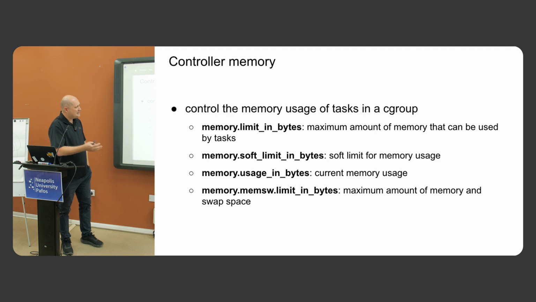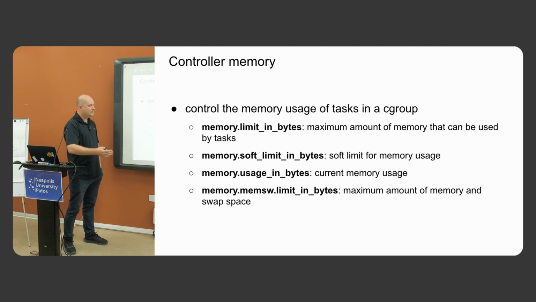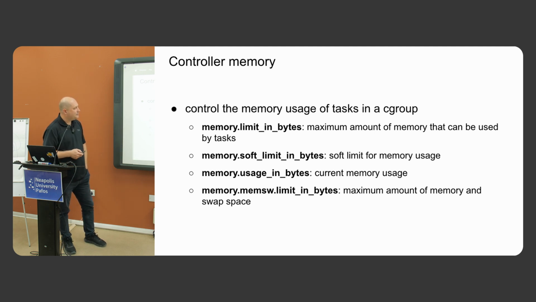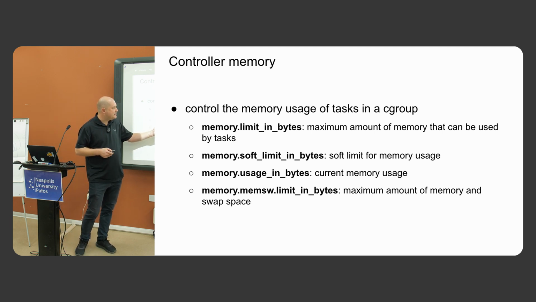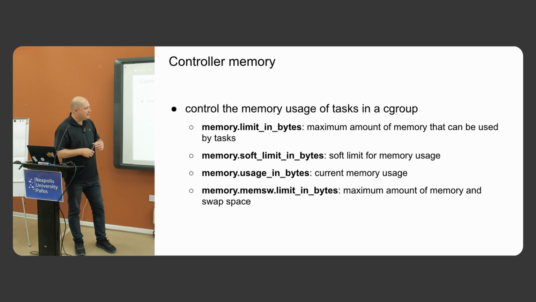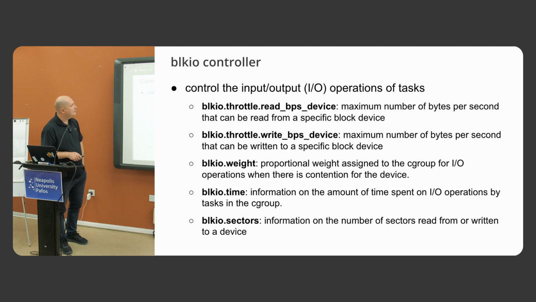Memory, it's not all parameters. You can read about it in the docs, but we can obviously set a limit in bytes, a soft limit for memory scheduling. We can provide some information for the out of memory killer, and yes, it's about this.